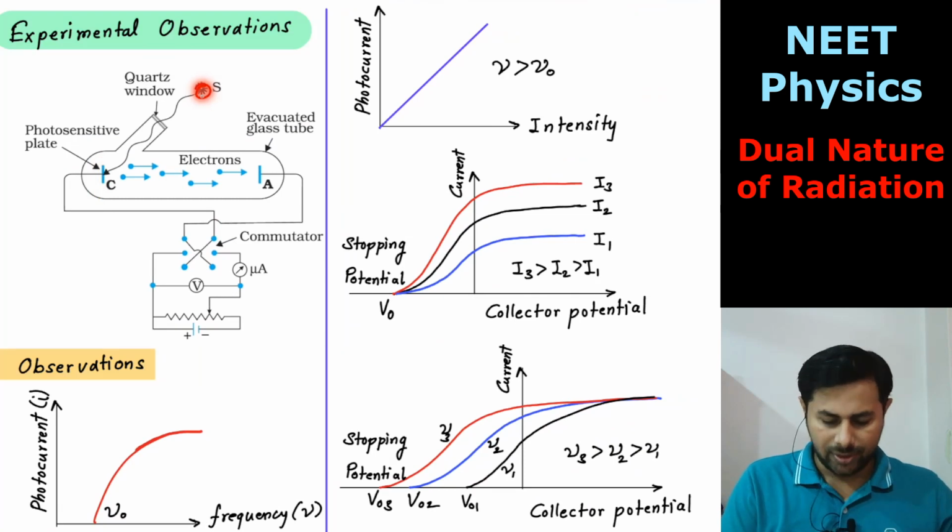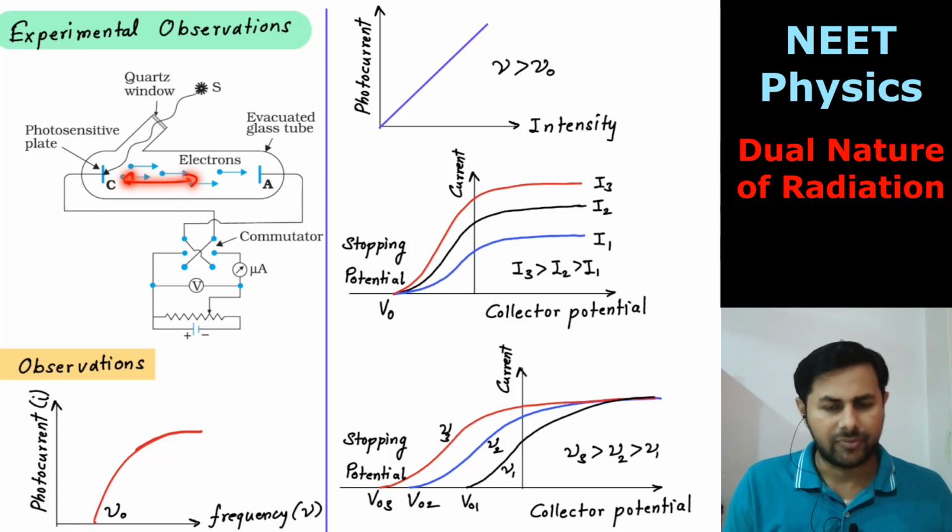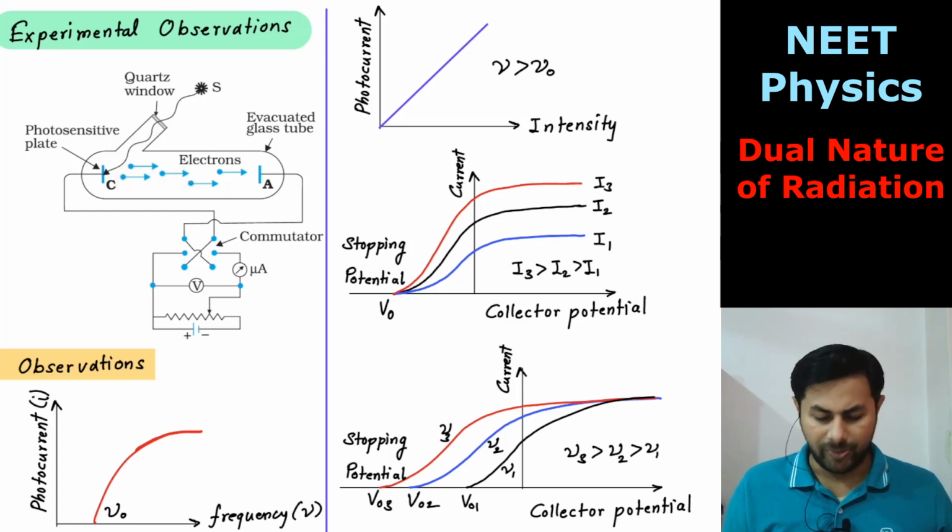If you shine this metal surface with light of higher frequency, then the electrons gain more energy, the kinetic energy of electrons will be more, and that's why you need more stopping potential to stop those electrons.